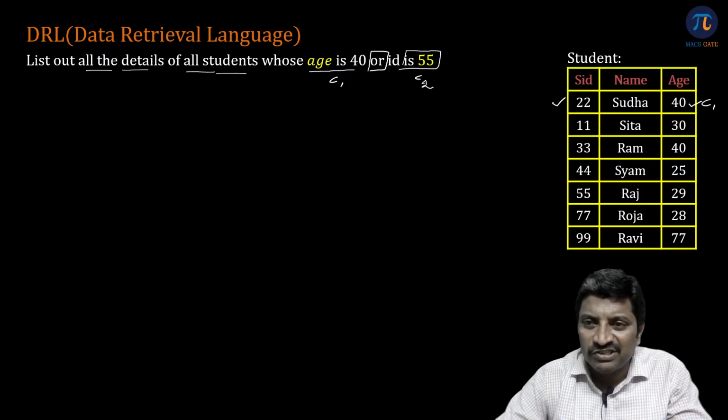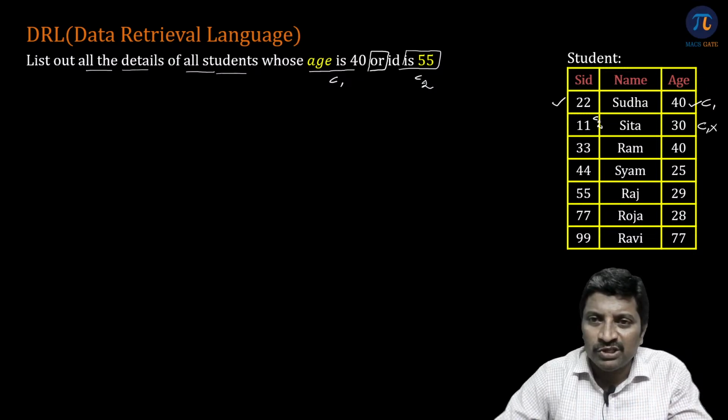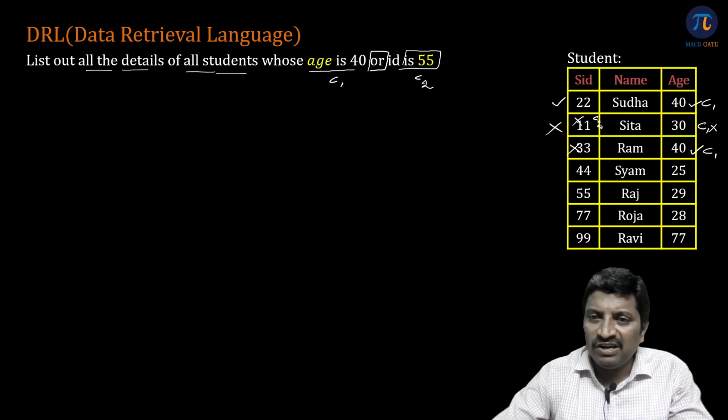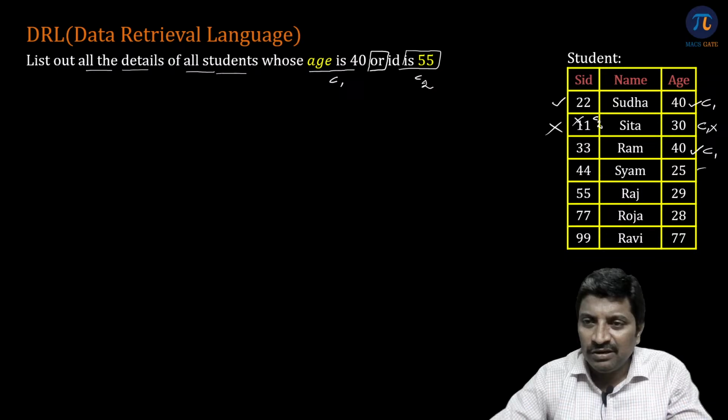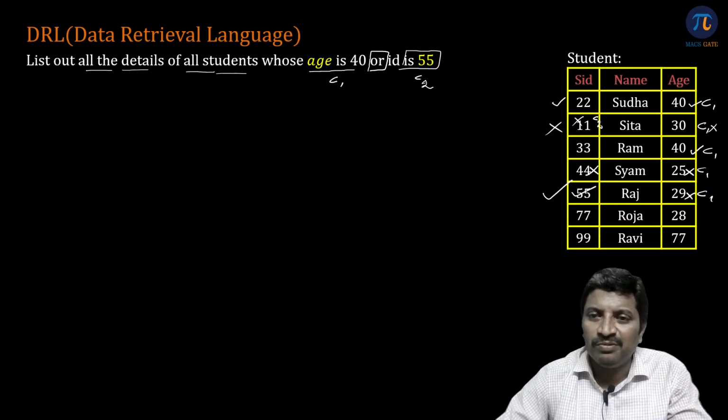If the first condition is not true, what about the second condition, C2? If it is not true, it will not be displayed. Whenever the first condition is true, we don't verify the second condition, sir. First condition false, second condition false. First condition false, second condition true, sir. So it will be displayed.